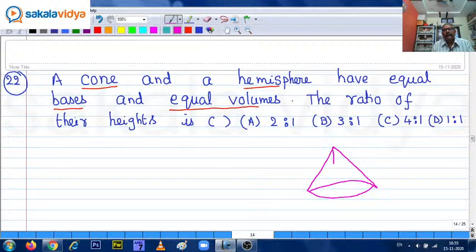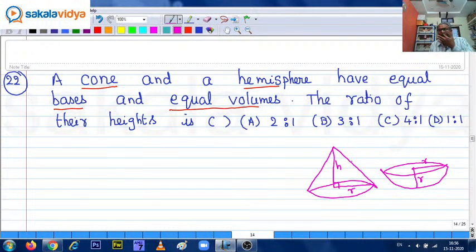This is the height of the cone, say H, base radius is R. This is the hemisphere, whose base radius is R and height is also R. Now the ratio between the heights, H is to R, we need to find out.